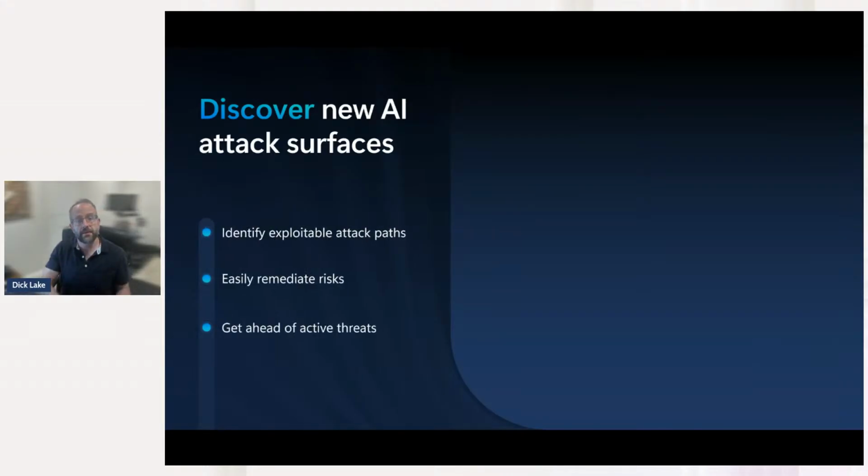So as custom-built AI applications become more widespread within organizations, especially large enterprises working on dozens, if not hundreds, of AI apps simultaneously, they're rapidly introducing these new attack surfaces. For example, many AI apps are made up of a dynamic and complex supply chain of AI artifacts such as SDKs, plugins, models, grounding data, training data, different MCP servers, you name it.